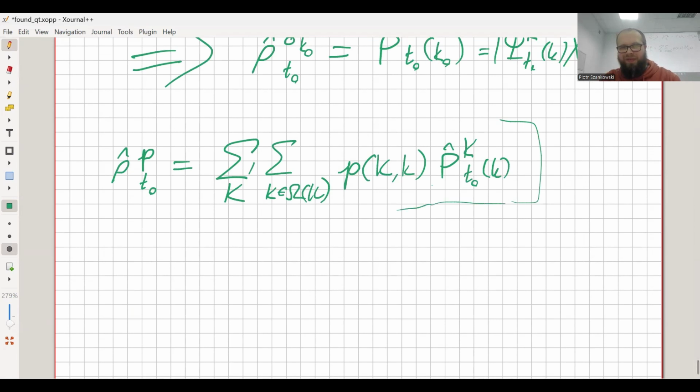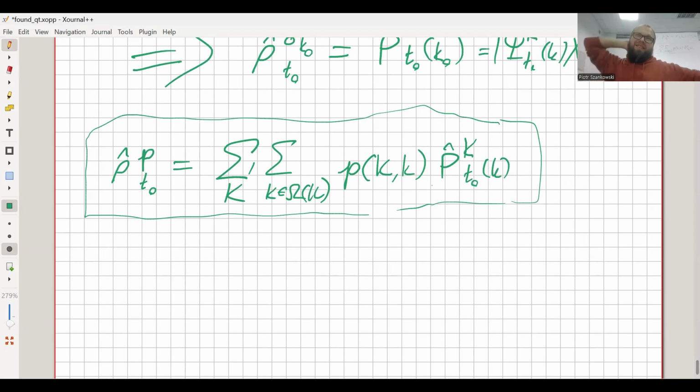And that's just a density matrix, right?